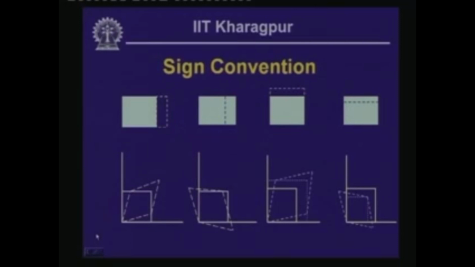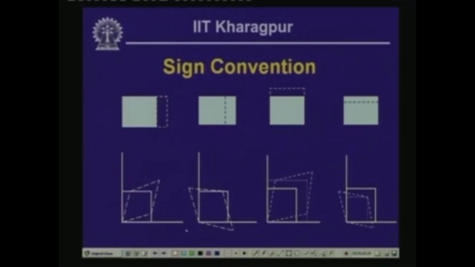In these figures, let us say this is a small element of length dx, at a point where the member is undergoing strain. This is the extension, and if the strain in this direction is epsilon x, we write this as epsilon x dx. This is the elongation and we call this a positive strain.